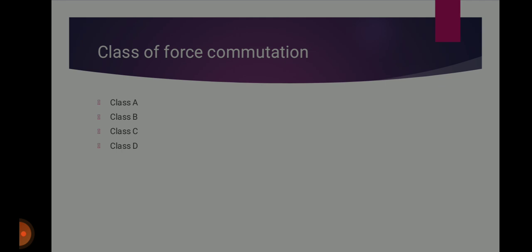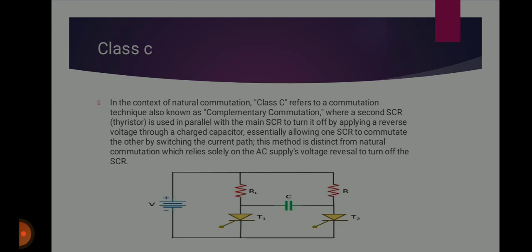Then the classes of forced commutation. There are four classes: class A, class B, class C, class D. Let us see class C, also known as complementary commutation, where a second SCR, meaning a thyristor, is used in parallel with the main SCR.